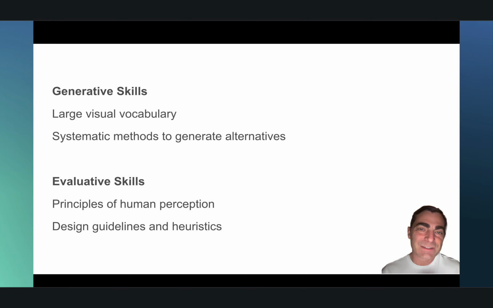That's the most powerful thing that you can learn, right? If you know a little bit better about how visual perception works and how these notions can be applied to visualization design, you will have very powerful skills to predict what works and what doesn't work in visualization. And then related to that, also a series of design guidelines and heuristics. There are simple rules of thumb that you can use to make decisions in visualization design.